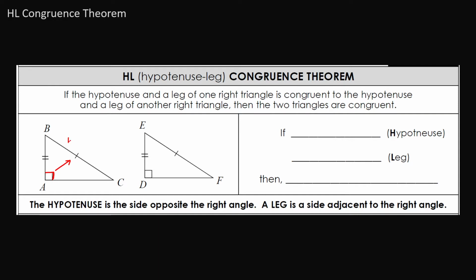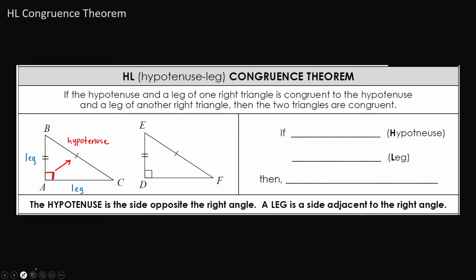So, side BC in this triangle is the hypotenuse. The leg, there's actually two legs in a right triangle. Legs are just the sides that are next to the right angle. So BA and AC are both legs.